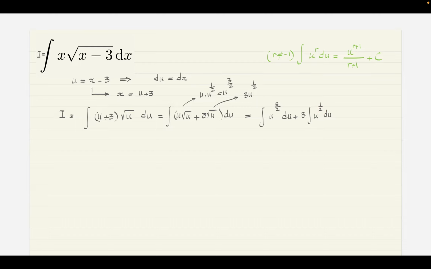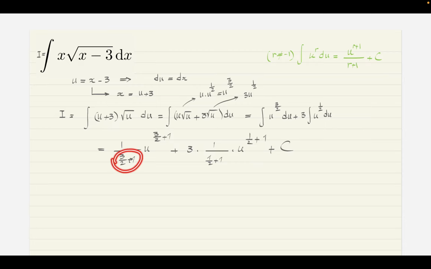So then it becomes, so let me change my color. So this becomes 1 over 3/2 plus 1. And then u to the power of 3/2 plus 1. And then here I have a 3. And then I will have 1 over 1/2 plus 1. And then u to the power of 1/2 plus 1, and then I add the constant of integration at the end.